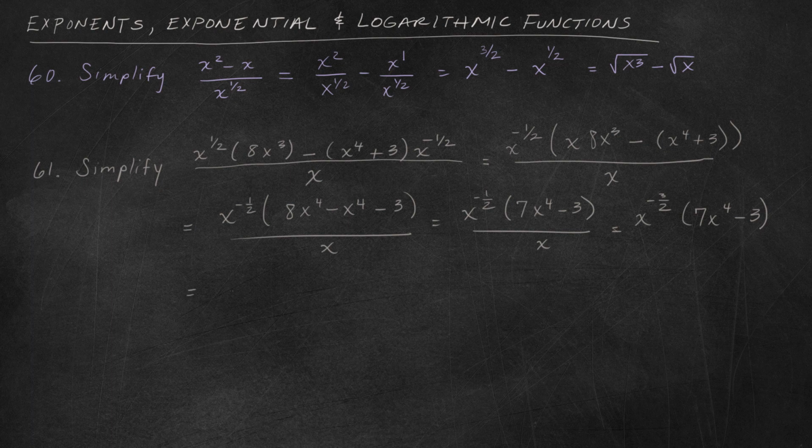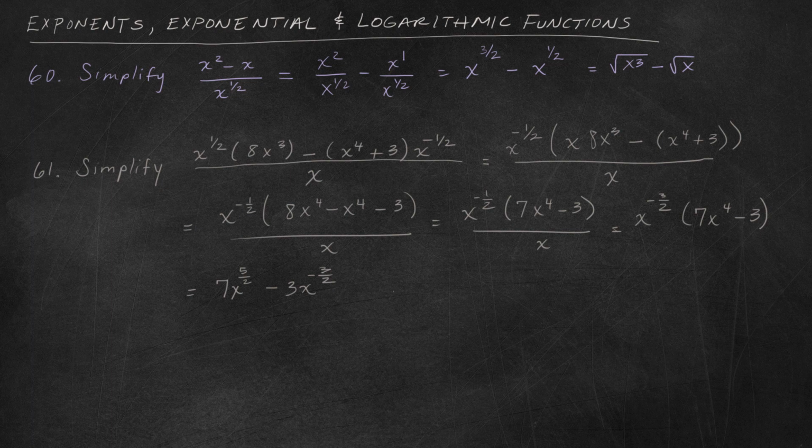So when I am multiplying numbers that have the same base, I would add exponents. So now I'm going to add negative 3/2 and 4, or negative 3/2 plus 8/2 is 5/2. 7x to the power 5/2 minus 3x to the power negative 3/2.